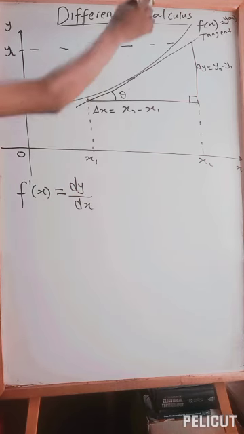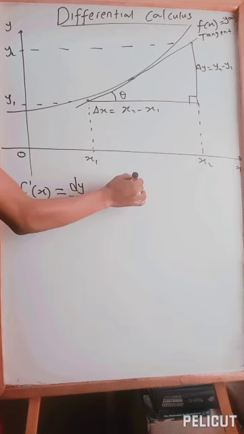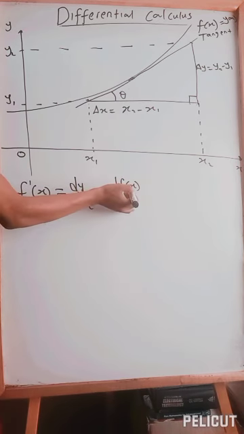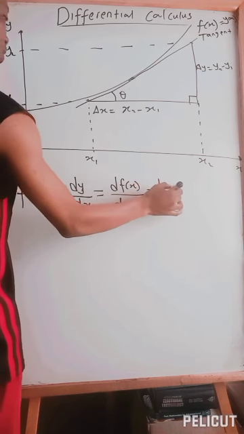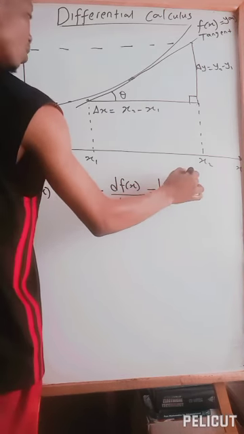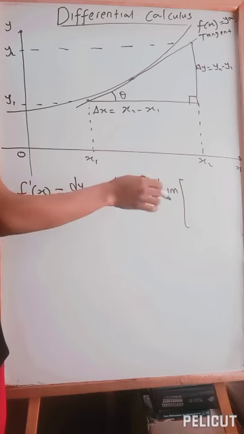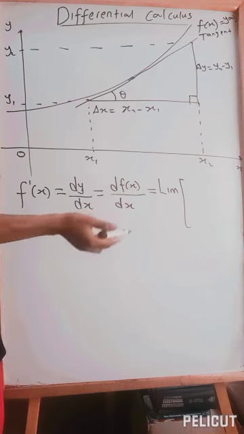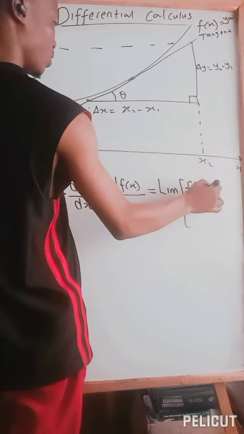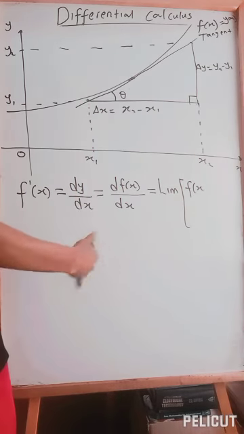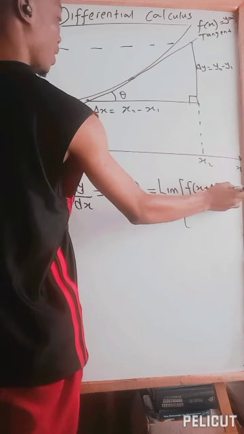In this case y is equal to f of x, so I can say this is d of f of x divided by dx. It's actually the limit of, now I know it is y1 plus delta y, but y1 is the same thing as f of x1. So let's say it is f of x1, I just want to assume x1 is the same thing as x, plus delta x minus f of x.